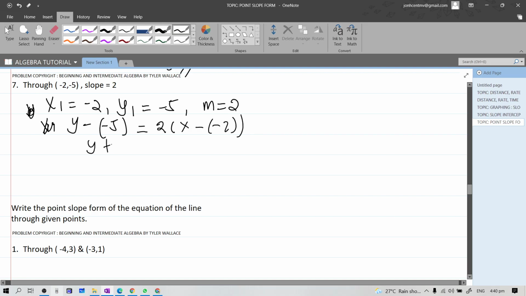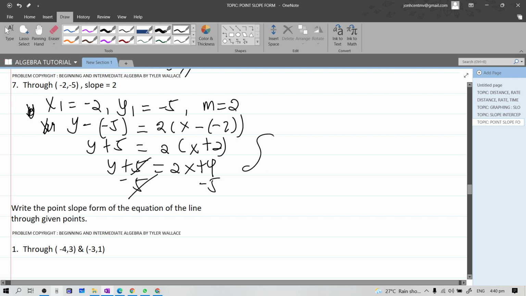So, we have y plus 5 is equals to 2 times x plus 2. We have y plus 5 is equals to 2x plus 4. Subtract 5, and we will get y is equals to 2x minus 1. So, ito yung ating answer.